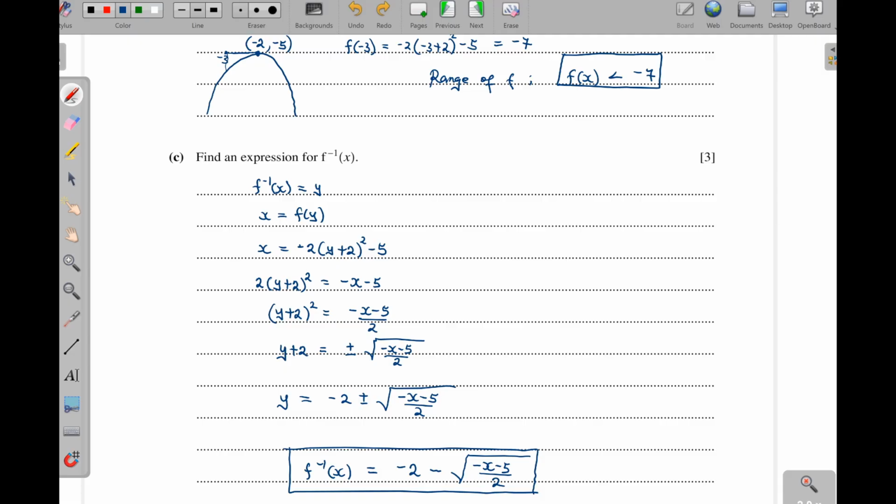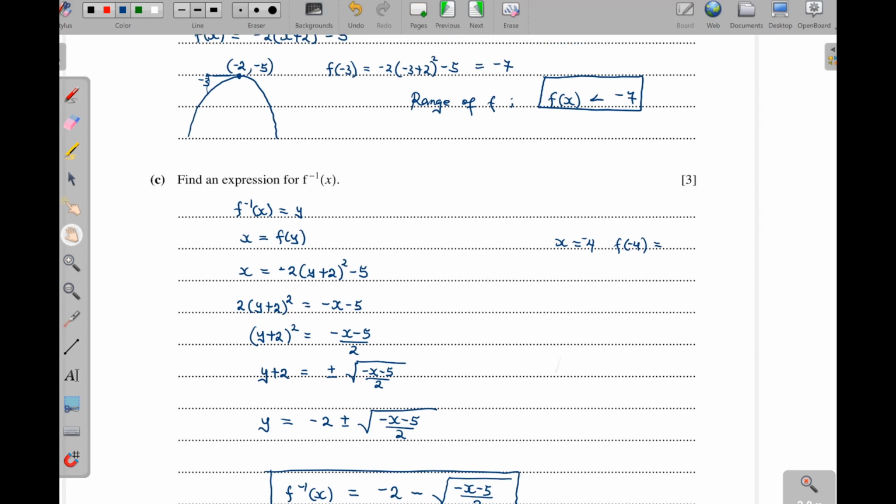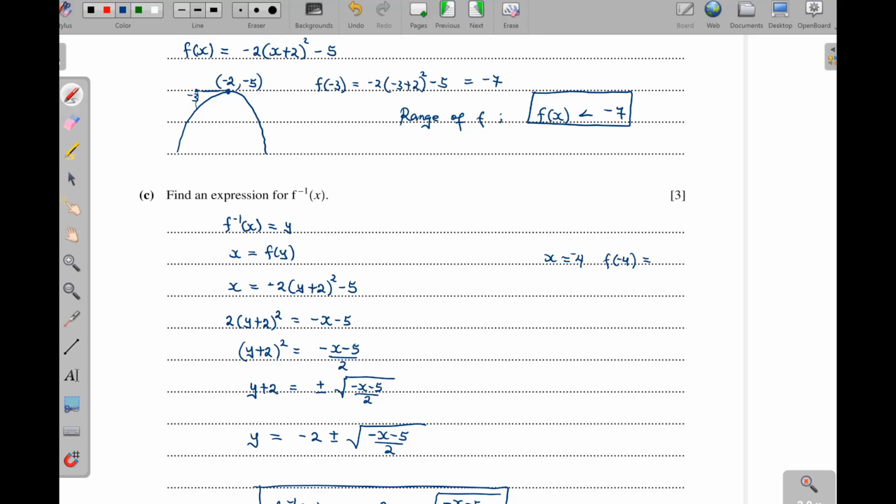Let me prove this one for you. Since we are using x less than negative 3, suppose we use x which is equal to what? Negative 4, right? What will be f of negative 4? So we substitute f of negative 4. We can have negative 2 into negative 4 plus 2 squared, then minus 5.